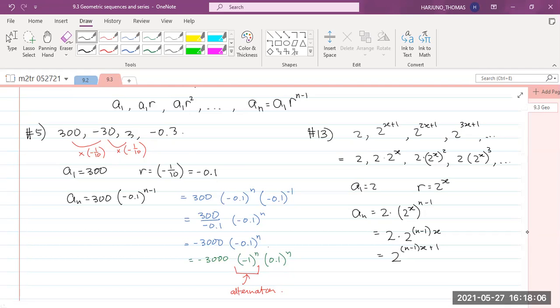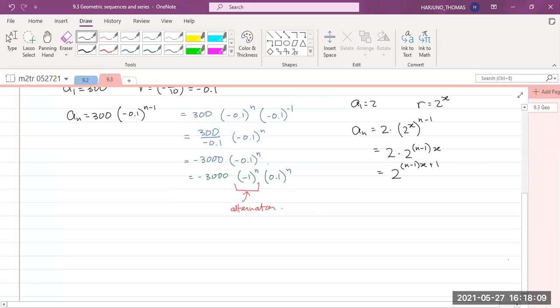Now, what happens if we get two terms and we need to find the common ratio? Number 17. The fourth term is 3. The sixth term is 9, and it is geometric. The question is to find the R, but I will also find the first term.